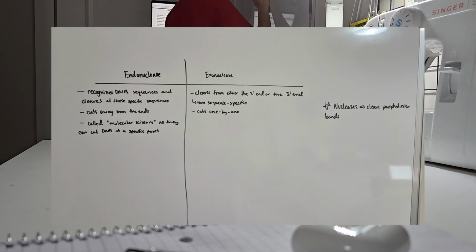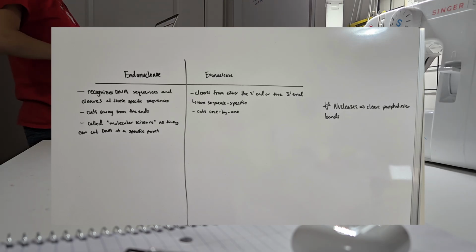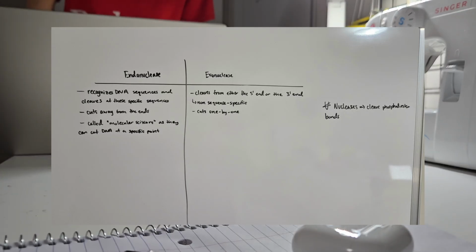Endonucleases are called the molecular scissors because they can cut DNA at specific parts, and they cut away from the ends. Exonucleases can cut from either the 5' end or the 3' end, so it's like a chop, chop, chop. Whereas an endonuclease could cut in the middle or towards the side, but it's not going to be at the very end, unlike exonucleases that can start at the end and go from the 5' all the way to the 3' end.